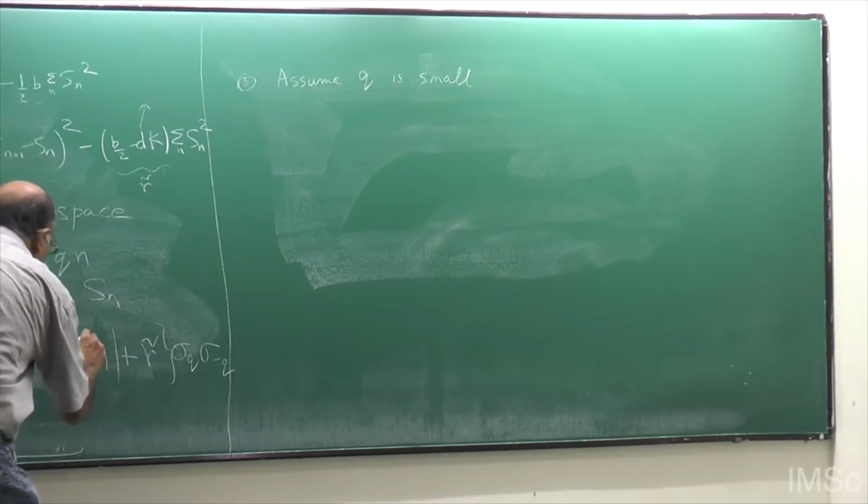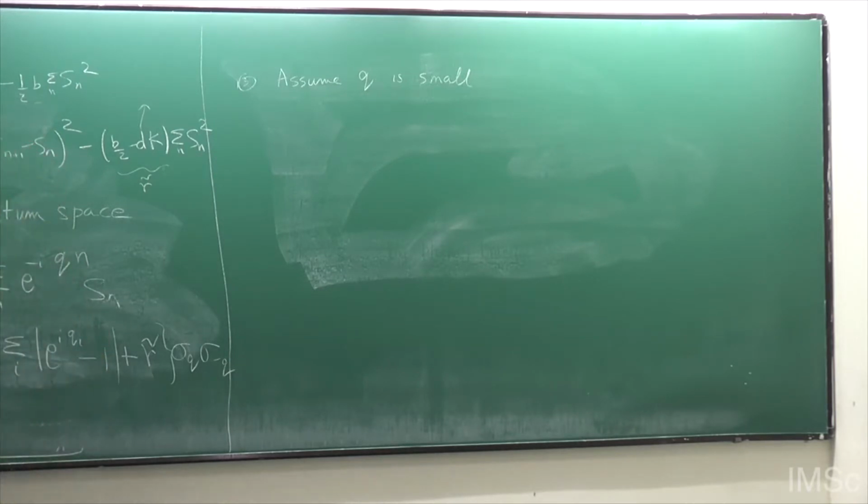Sum over i in the i direction. Okay, so it's Qx, Qy, Qz. Notice that there is no length here. Usually you have e to the power i k x. The reason there is no length here is because everything is being measured in units of the lattice spacing. So lengths are measured in units of the lattice spacing. Q is measured in units of inverse lattice spacing.